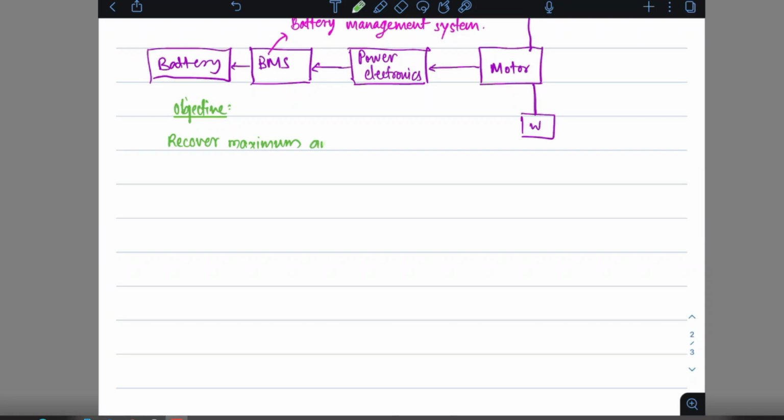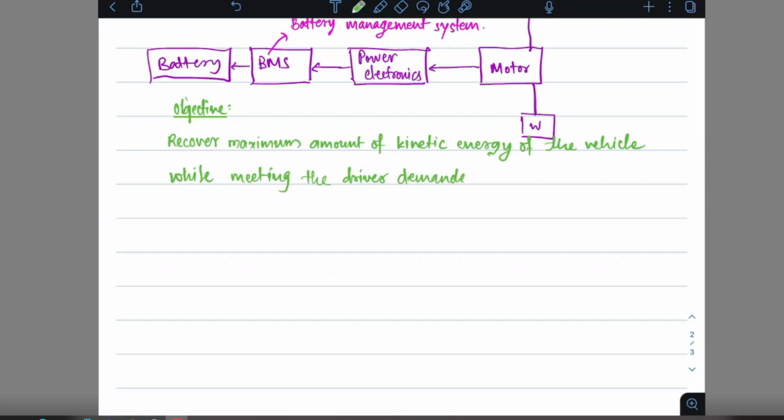We want to recover maximum amount of kinetic energy of the vehicle while doing two important things: while meeting the driver demanded deceleration and ensuring vehicle stability.